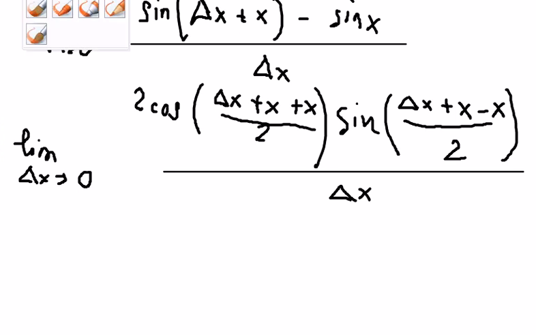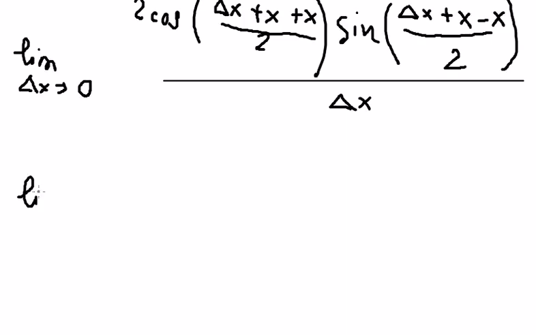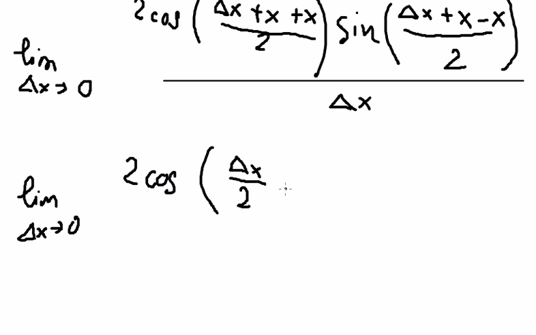So we simplify in here. S plus s is about 2s, s minus s, they will cancel, so we got about 2 cosine of (delta s over 2 plus s). 2s plus s is about 2s, 2s divided by 2, you got about s.